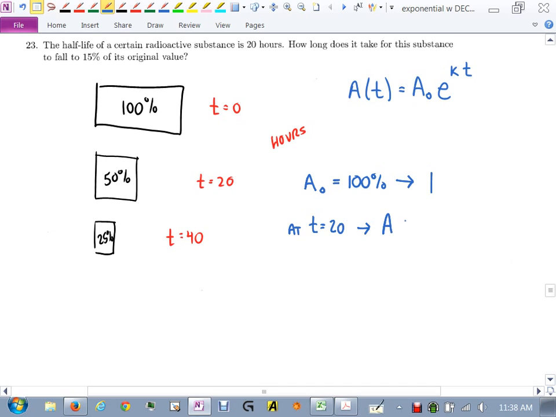The amount there should be equal to half of that, which is 0.5. Agreed? That's how I'm going to use the 20. When I plug 20 in here, this is going to be 1 always, right? That was the original amount. But when I plug 20 in here, this is 1, and this side has to be 0.5. So I'm using that condition that half of it will be there in 20 hours.